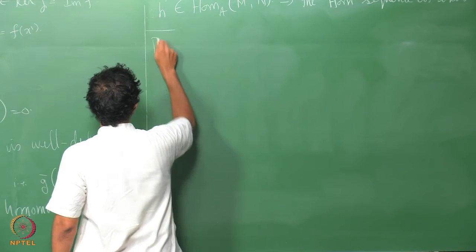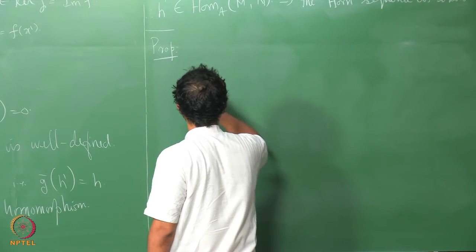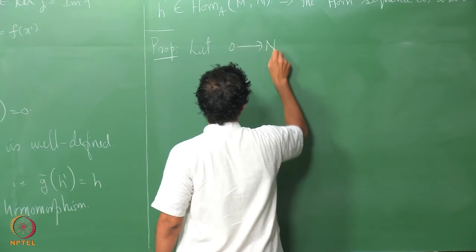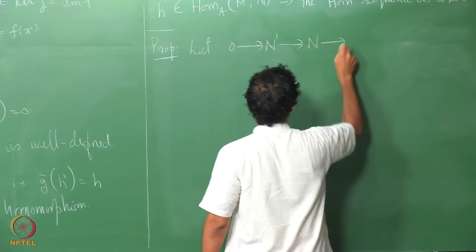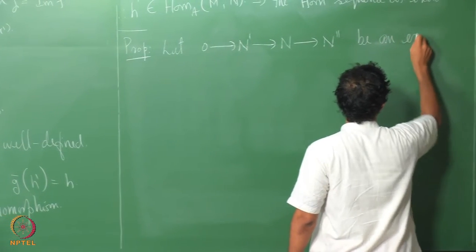Instead, if you have a similar proposition, I will leave this for you to write down a proof. Let 0 to N prime to N to N double prime be an exact sequence.